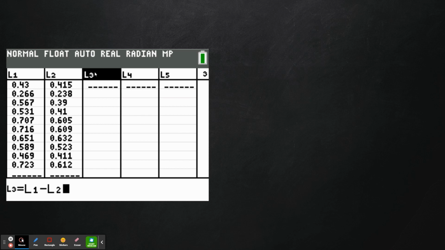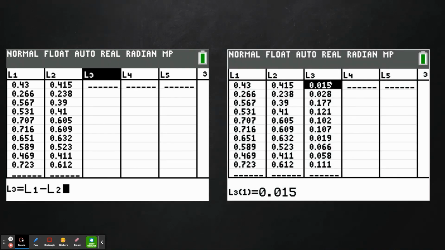By pressing enter, the calculator will find the differences for each of these, doing the bottom minus the top water measurements for these 10 wells.